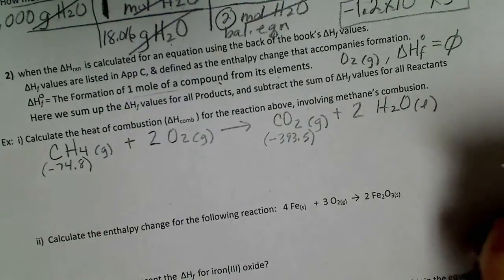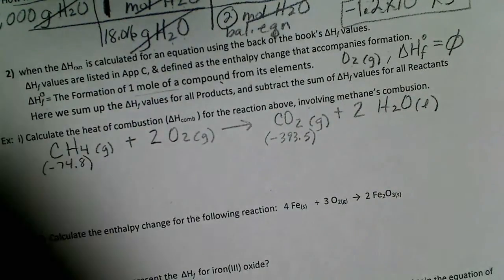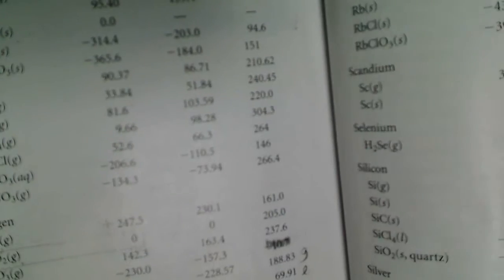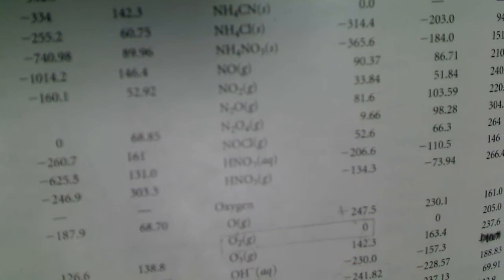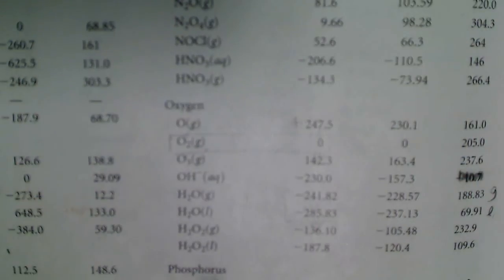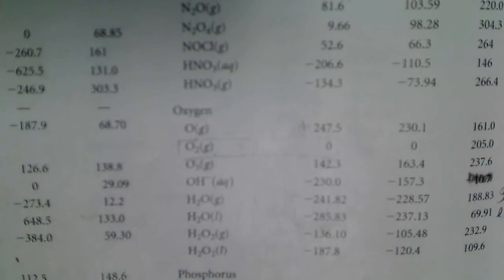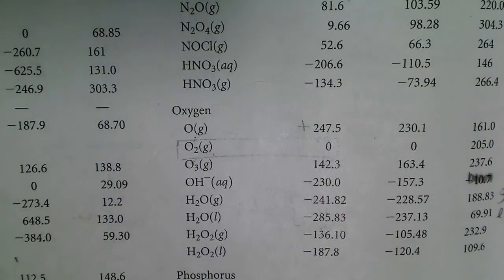393.5. And the liquid water, we have to be careful when we look at that. We've got to look at the correct physical state. So water in the liquid phase, it's not focused very well, see if we can bring that into focus a little better.